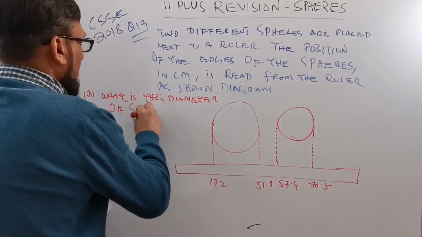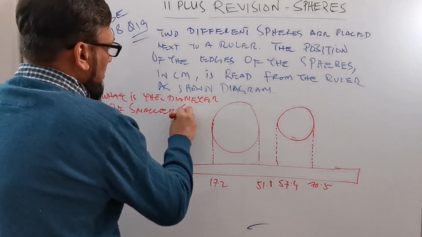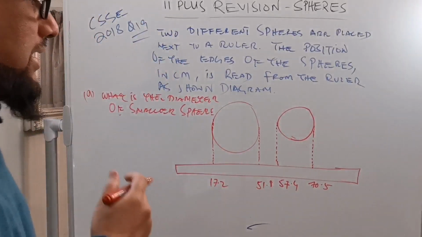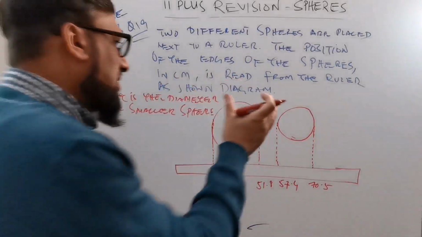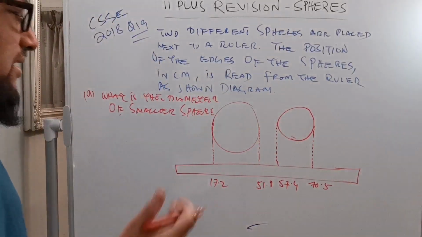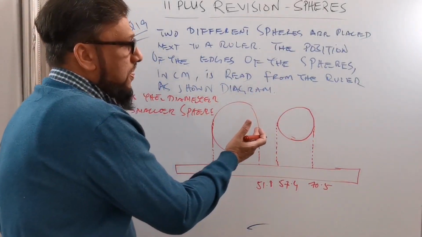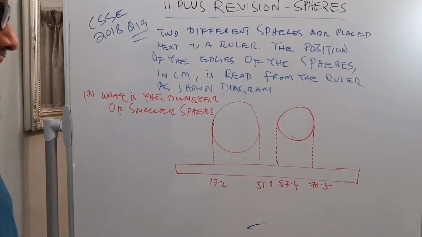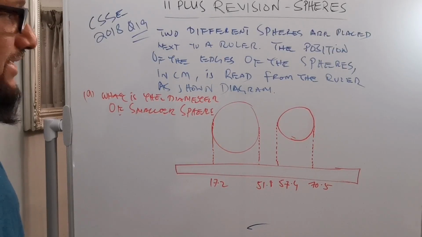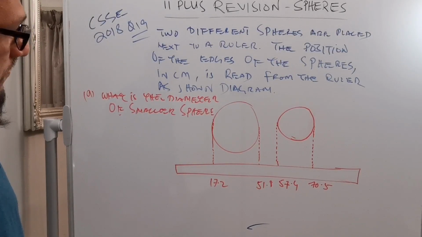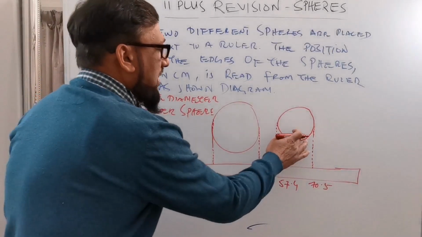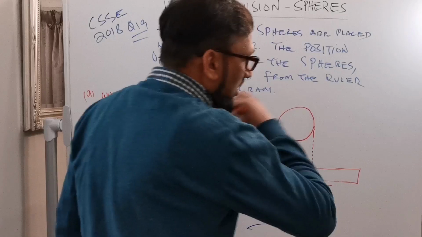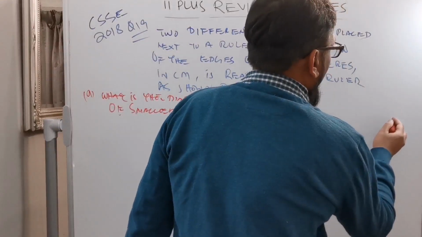Very simple, because in the diagram it looks like a 2D shape, so we treat it like a circle.